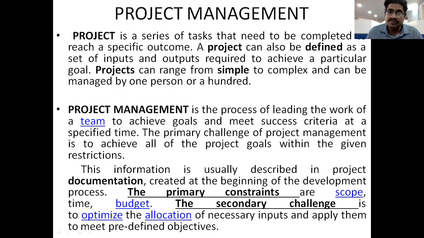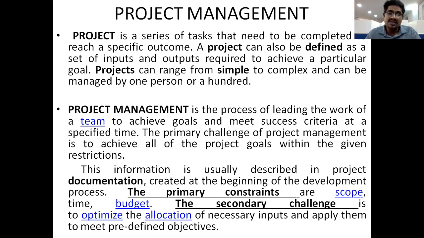Now coming to project management. Project management is managing the contracts, performing the contracts, managing particular tasks and plans and their implementation until reaching the targets of the company or the accomplishment of a project.